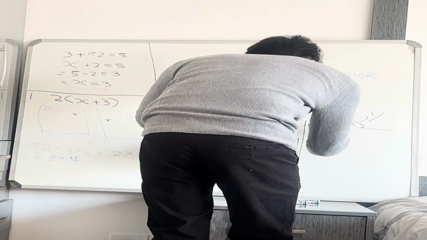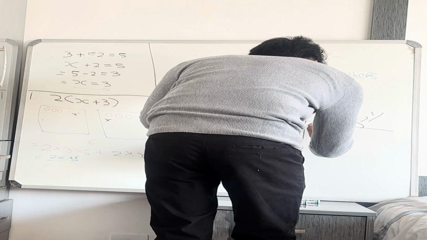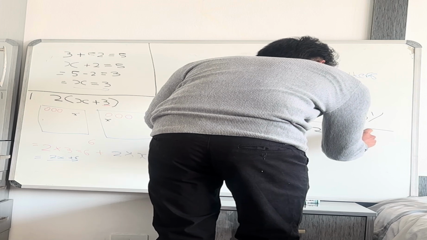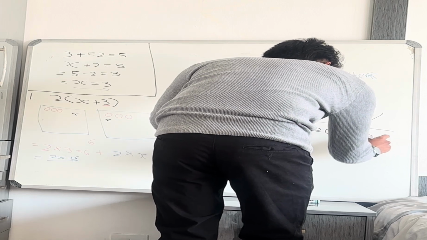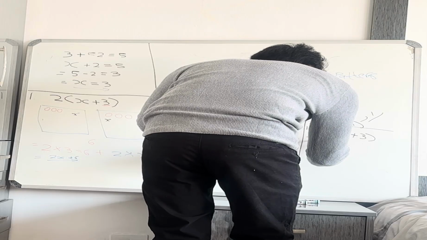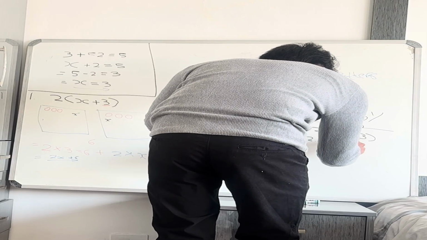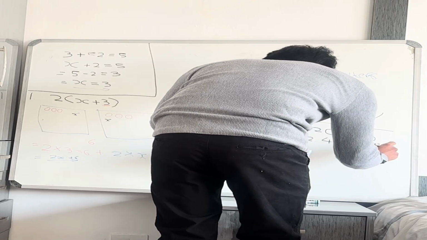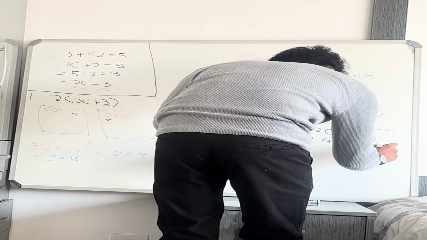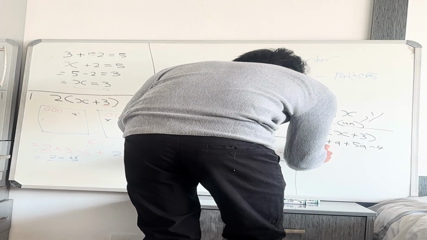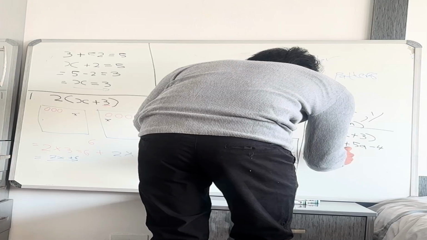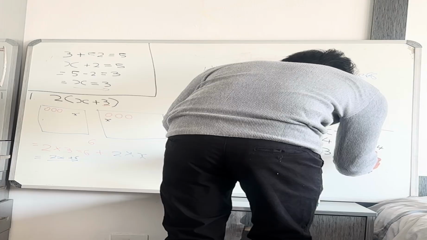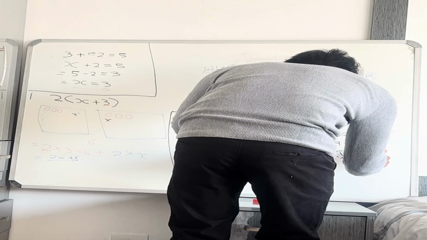Okay, so the first one is 2x plus 3. The second one, 4a plus 5a minus 4. The third one can be 3 open brackets y minus 4.